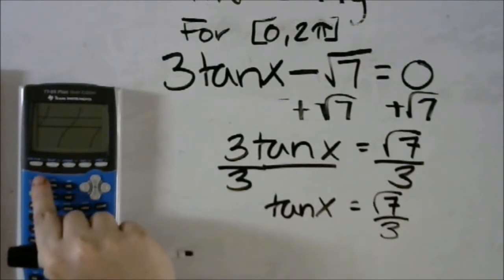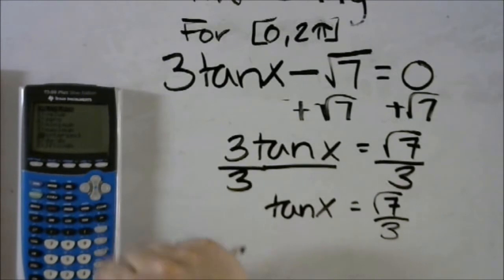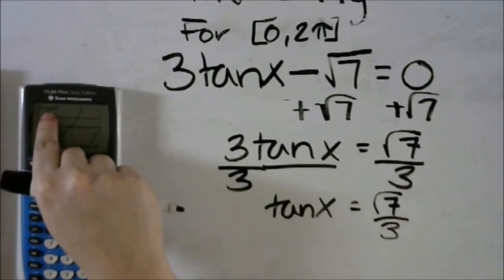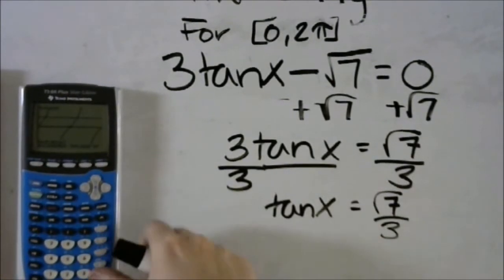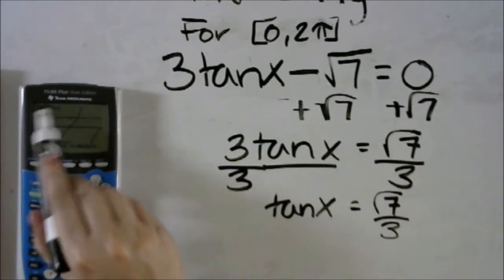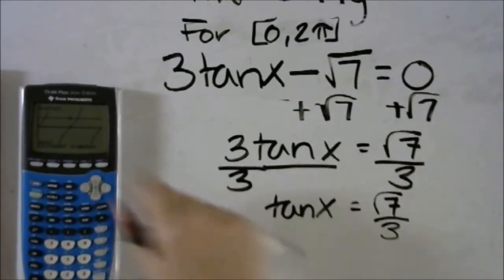From the calculator, I'm going to go second calc. From this screen, I'm going to select intersect. It's going to ask me for the first curve, and you can see at the top left corner of the screen, the first curve they're suggesting is tan x, which is true. So I'm going to hit enter. And then the second function is rad 7 over 3. I'm going to hit enter. It asks me if I would like to guess.